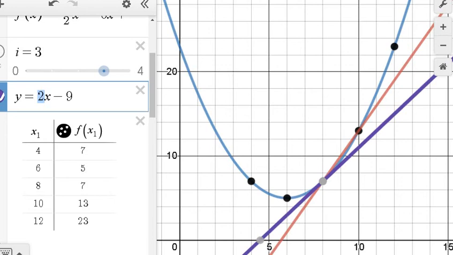Guesstimating based on the graph, I'd say we're looking at points like 20 and 300, and 60 and 700. So we can find the slope of a line between those 2 points.